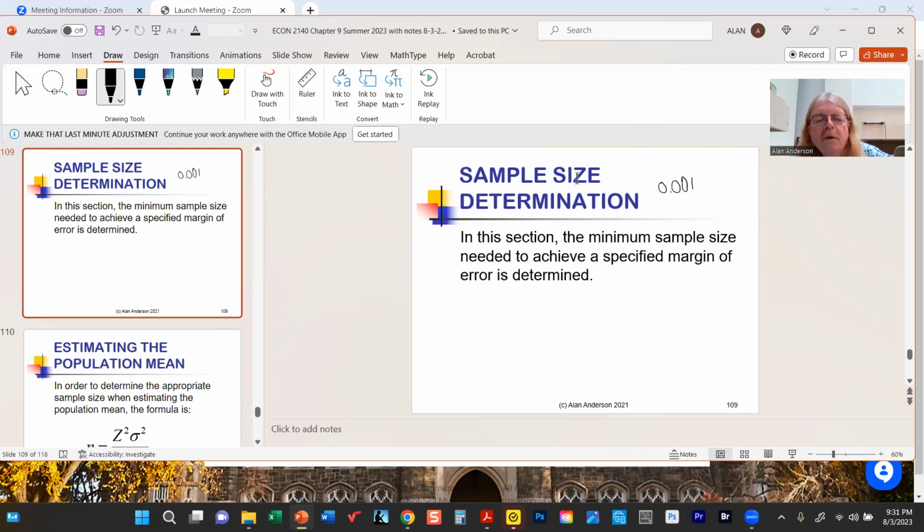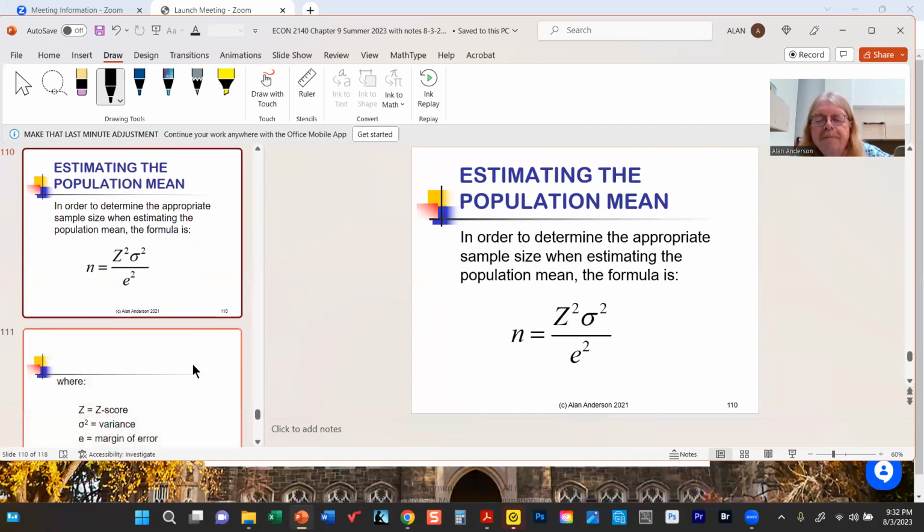So what I'm going to do is show you the formulas for doing this, which, at least this one, is based on the standard normal distribution.